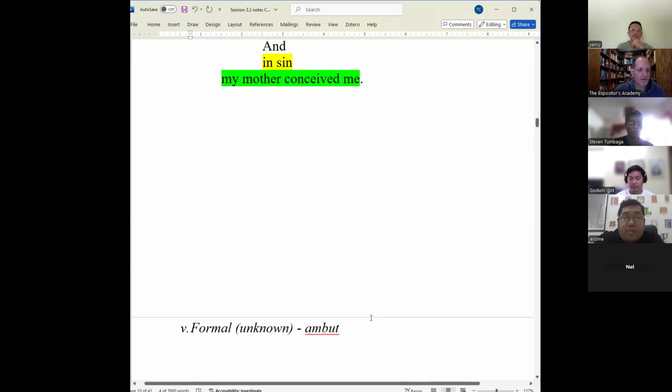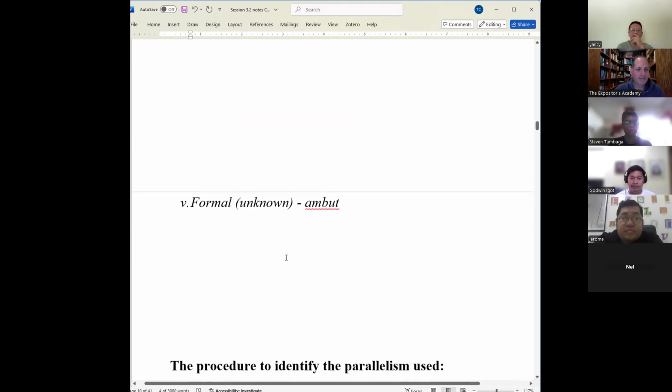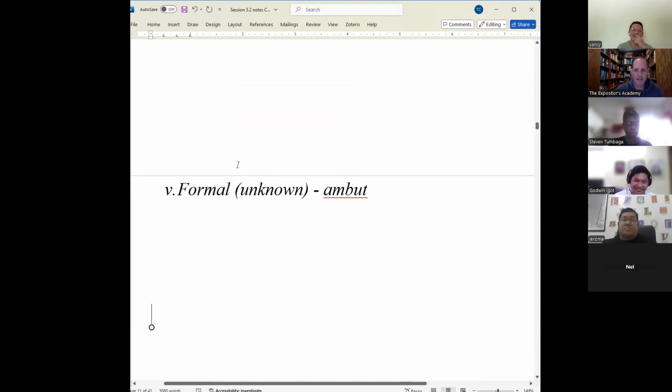Finally, this is everybody's favorite: sometimes we just don't know what the parallelism is, so we just say, no idea. Normally in the Psalms, you won't have too many like that. Normally in the Psalms, every verse is parallelism. Once in a while, we'll come across one where I'm not sure.